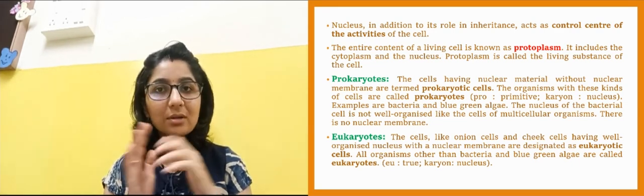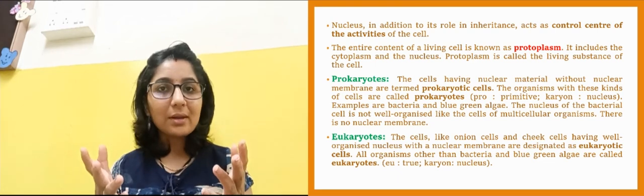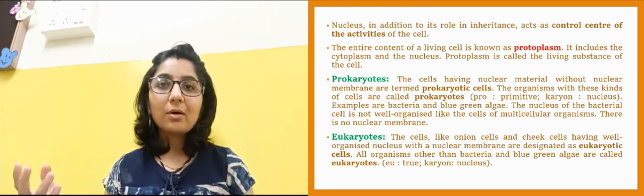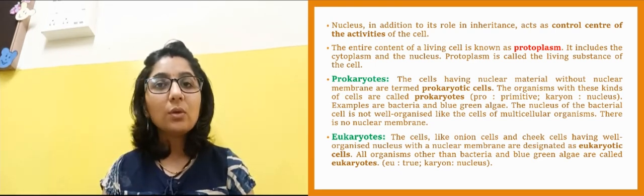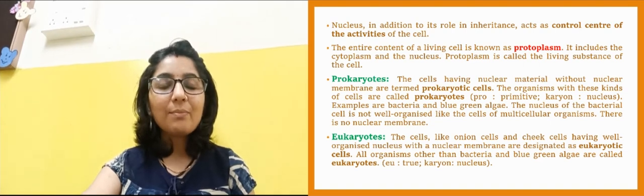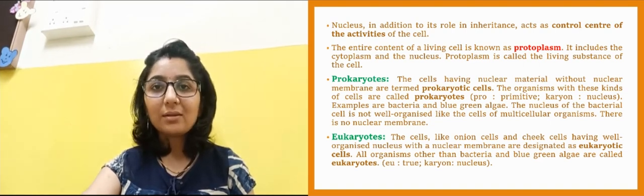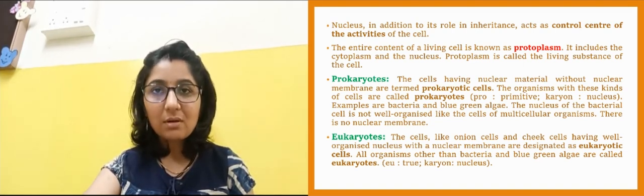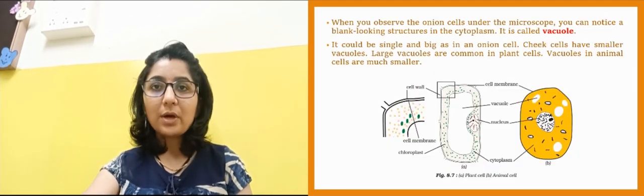All the organisms other than bacteria and blue-green algae, because they are prokaryotes, are eukaryotes. Even we are eukaryotes because our cells have a well-defined nucleus with a well-defined nuclear membrane. So we all are eukaryotes. So, prokaryotes and eukaryotes.